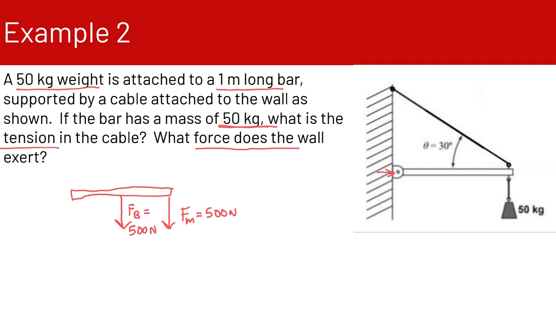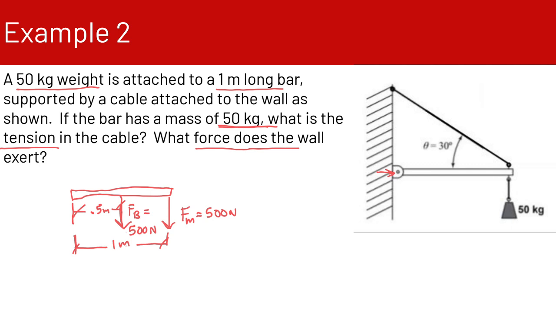And this distance from here to here is half a meter. So that is 0.5 meters. And then this distance from the wall to the end of the bar is 1 meter.